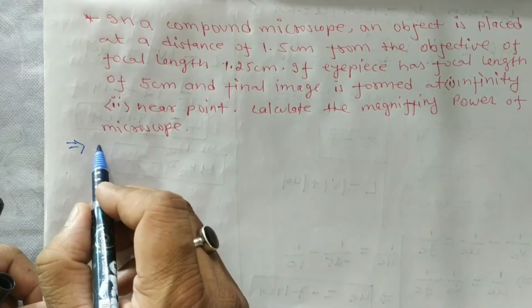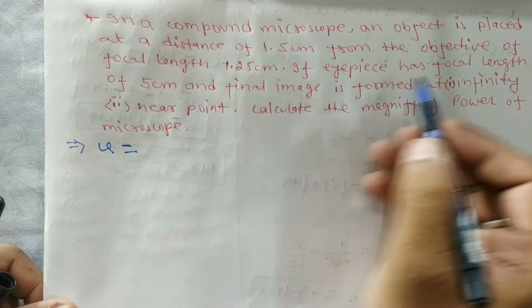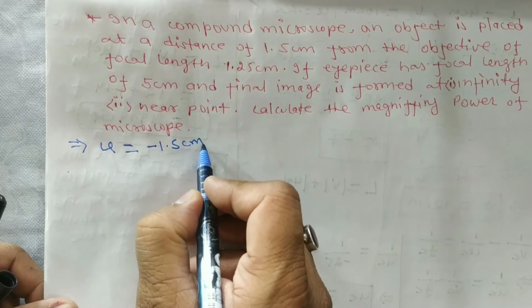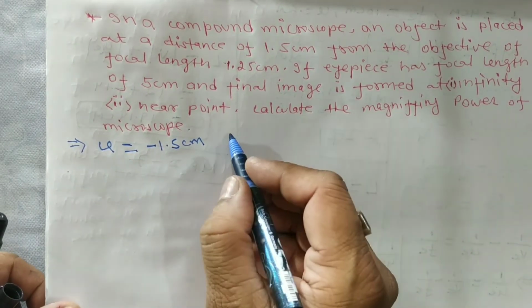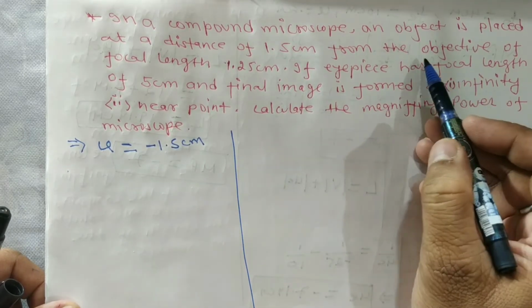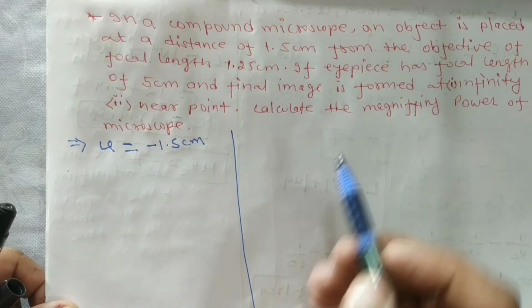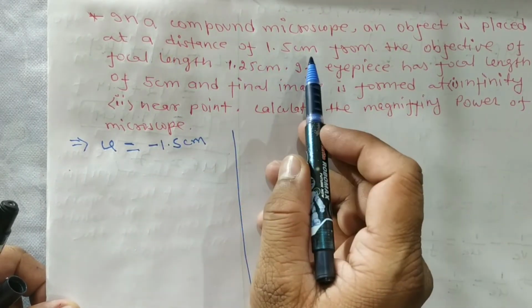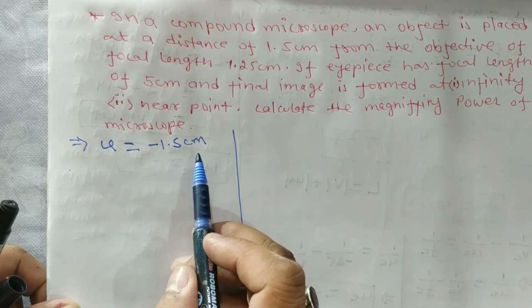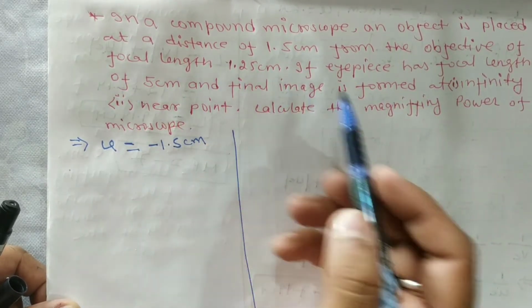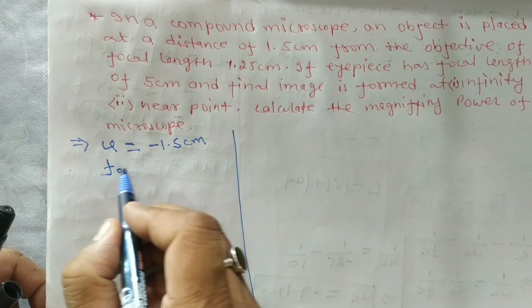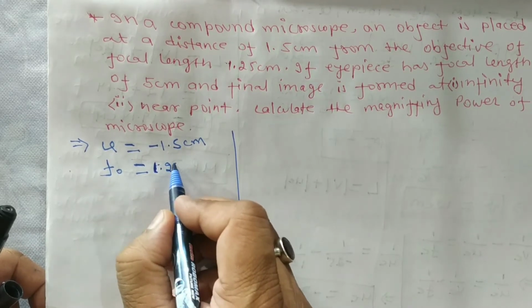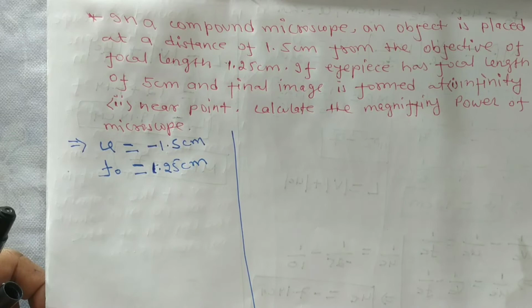That means u is given and it is minus 1.5 centimeter, and f naught is 1.25 centimeter.